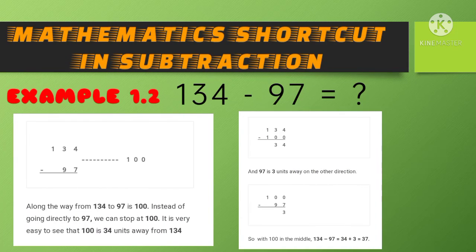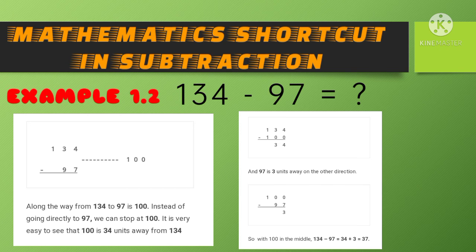Another mathematics shortcut in subtraction. Example, 134 minus 97. Step 1, along the way from 134 to 97 is 100. So instead of going directly to 97, we can stop at 100. It is very easy to see that 100 is 34 units away from 134. So we subtract 134 minus 100, and the answer is 34. And 97 is 3 units away in the other direction.